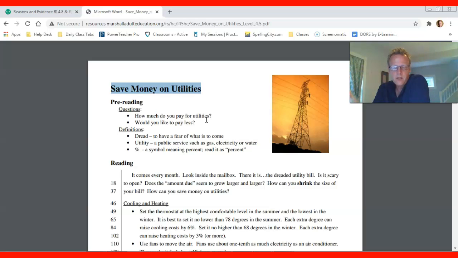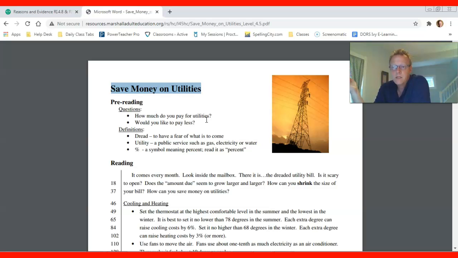A couple of thoughts to think about before you start reading is think about the topic. They ask the question, how much do you pay for utilities? So if you pay your utilities, how much are you spending on your water each month? For us, it can be anywhere from 50 to 100 bucks.